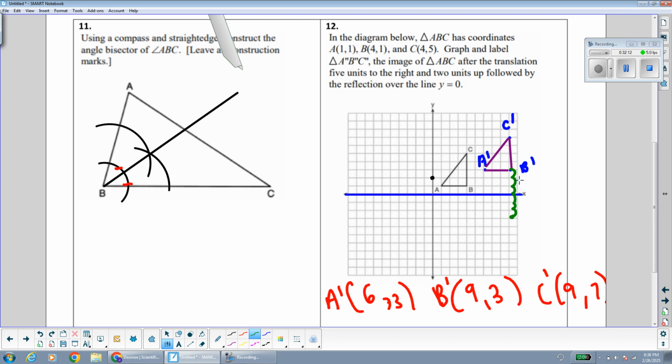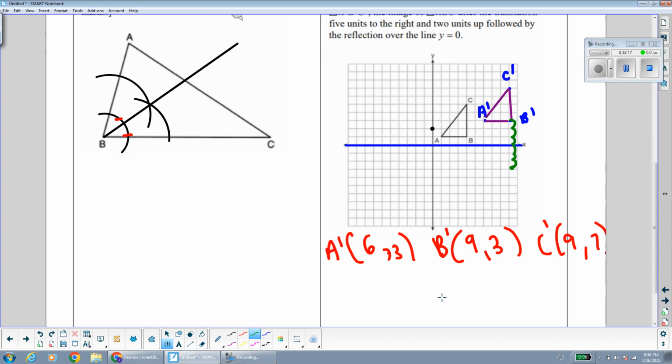So that is 9. 9, -3. 1, 2, 3, 4, 5, 6, 7. 1, 2, 3, 4, 5, 6, 7. And then finally, 1, 2, 3. 1, 2, 3.